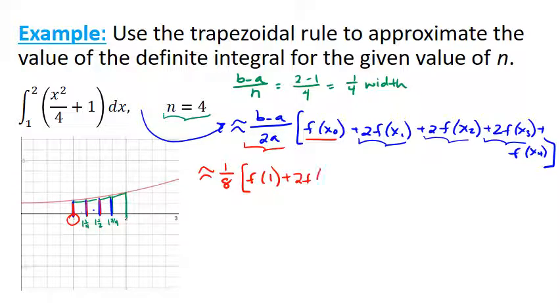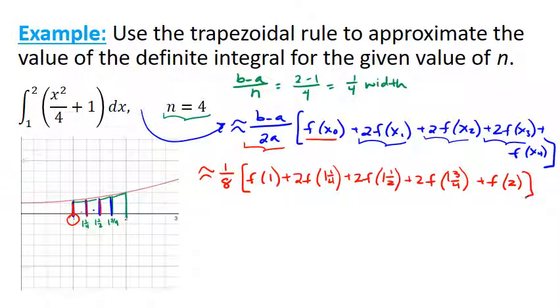And then f of 1 1/4, and f of 1 1/2, and f of 1 3/4, and f of 2. Okay, you'll end up with one more term than the number of trapezoids, FYI.